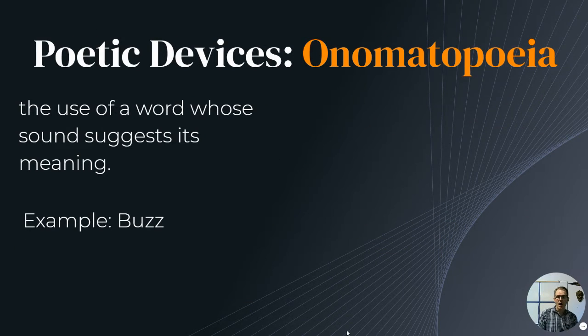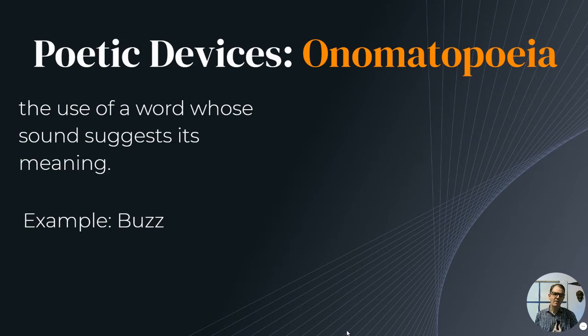Okay. Onomatopoeia. Again, this is one that you've probably heard of before. It's the use of a word whose sound suggests its meaning. So buzz sounds like its meaning. Meow sounds like its meaning. It's the word that we use for the sound a cat makes.